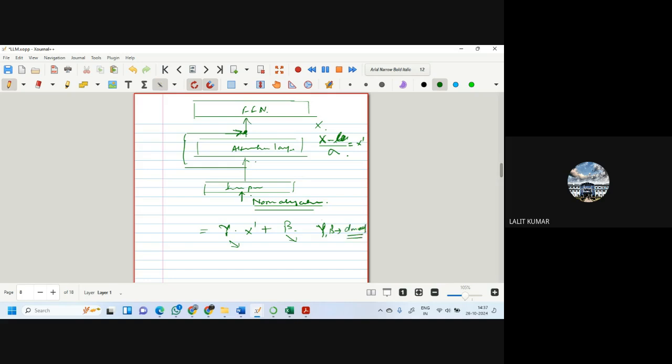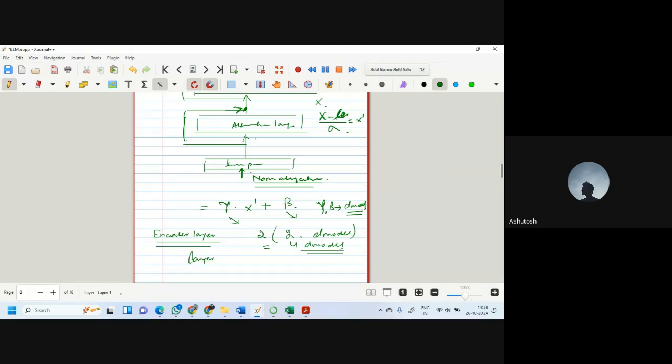We do one here, and again we do it for the FFN. So for the encoder, for each layer, you will have D model plus D model, 2 into D model, and for both, 4 into D model. It's a shortcut.